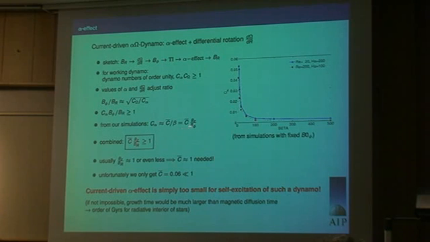So the C alpha can be expressed as a constant times the ratio between the applied axial field and the toroidal field. And if we combine it, we get an equation where we have a constant and only the ratio between the axial and the radial field component. And this C bar, we now get from our simulations, it's of the order of 10 to the minus 2, a few times 10 to the minus 2.